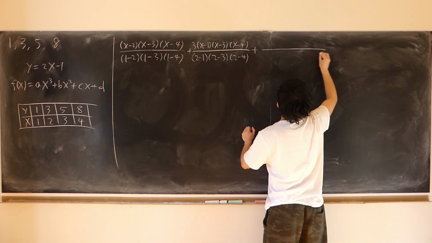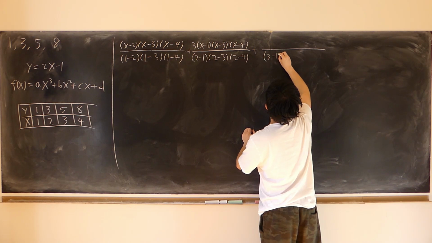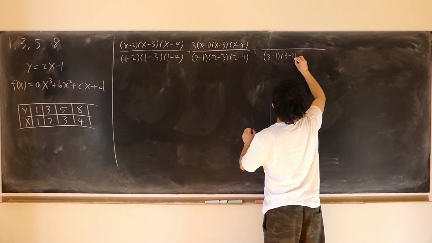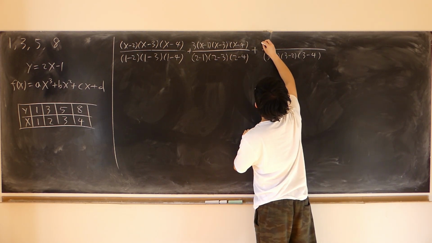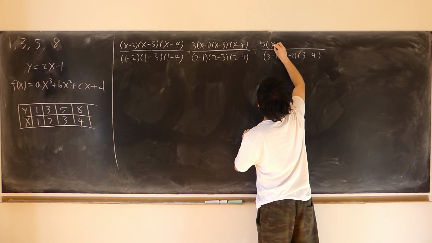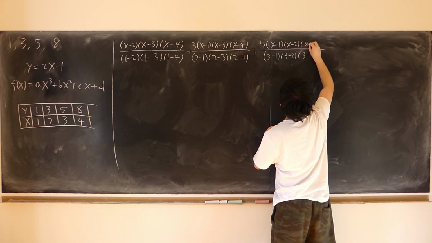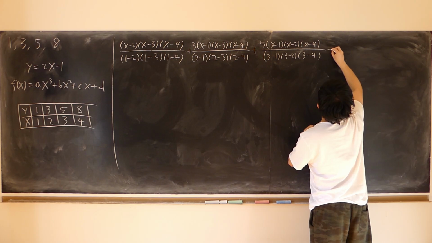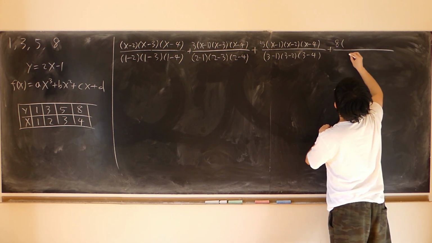Plus, I'm going to take 3: 3 minus 1 times 3 minus 2 times 3 minus 4. On top I have 5 times x minus 1 times x minus 2 times x minus 4. Plus times 8, right?